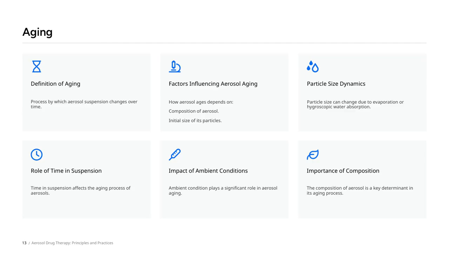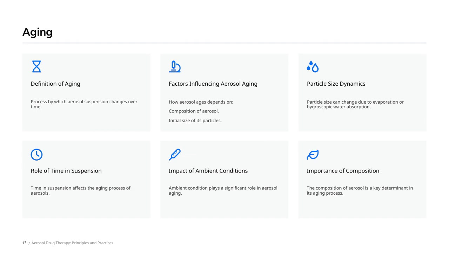Time in suspension is another key factor. The longer aerosols stay in the air, the more they can undergo changes, like particle growth or breakdown, that impact their behavior and delivery. Particle size dynamics are particularly interesting. Aerosol particles can change size because of evaporation or water absorption through hygroscopic growth, which can alter how deeply they penetrate the lungs.